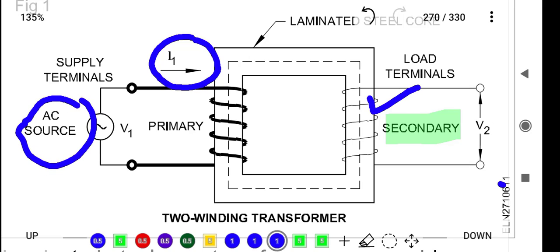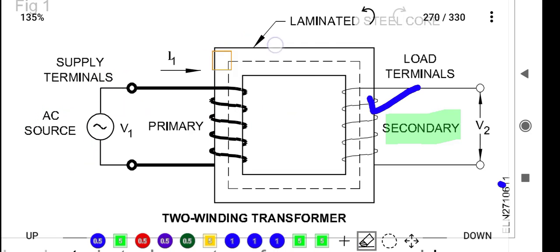This definition is clear. The current flowing into the coil which is connected to the AC source is called primary winding.